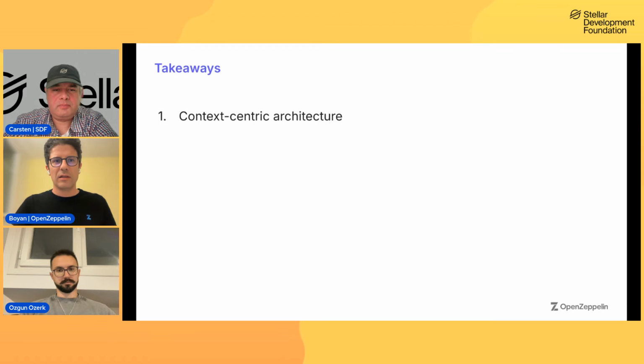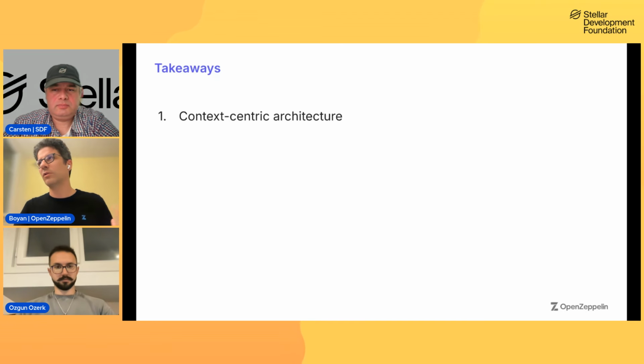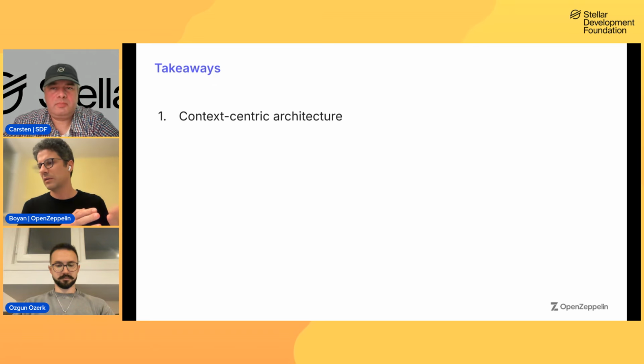So the key takeaways: this is a context-centric framework. I'm comparing it very often with the Web2 login experience. For example, when you are logging in with your Google account or your GitHub account, you authorize the third party with some specific permissions.